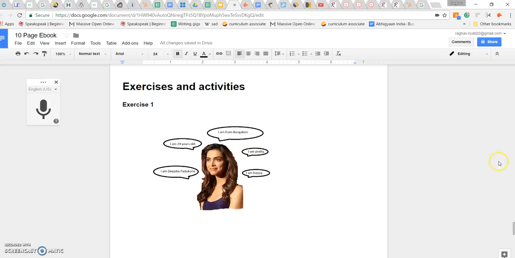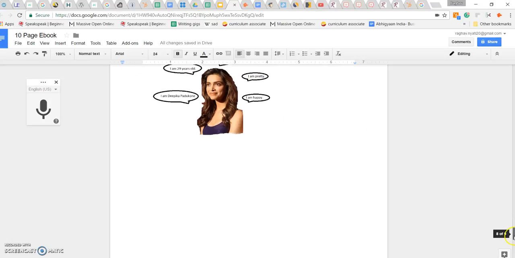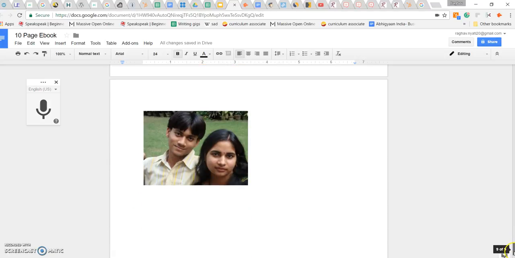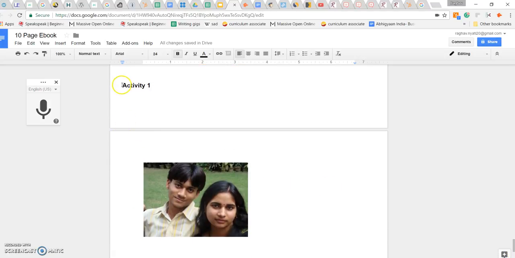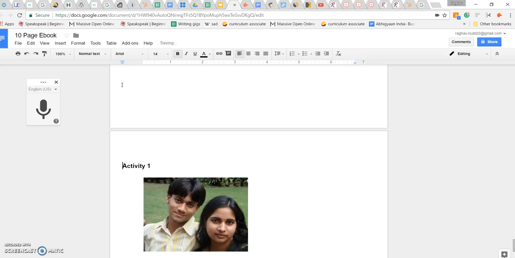So that's the exercise. And then the activity example that I came up with is this. That activity would go on to your 9th page. This is just a picture and the students have to describe. You could just do a Google search and find a more interesting picture. If you can do that, that would be great. You have to come up with a picture, think of a few sentences from that picture yourself, and then just write those sentences here.